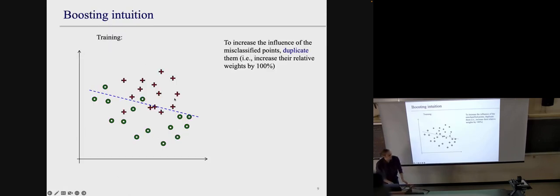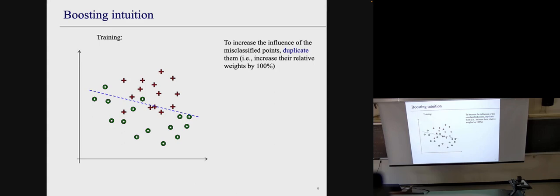So here's another example, just to build a bit more intuition. Imagine you have this data set with the crosses and with green points, so reds and greens, and you have a decision boundary. Again, we were talking about how we can increase the weight of the data points. In some models you can increase it easily by changing the loss function, but that's not always possible.